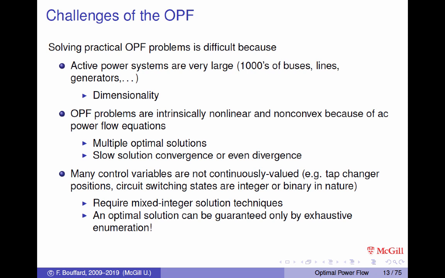And clearly now you're looking at a mixed integer solution technique needing to be put together. And clearly, in theory, the optimal solution can only be found through exhaustive enumeration. And as we've discussed with the unit commitment problem, this is clearly an issue when the dimensions become relatively large.